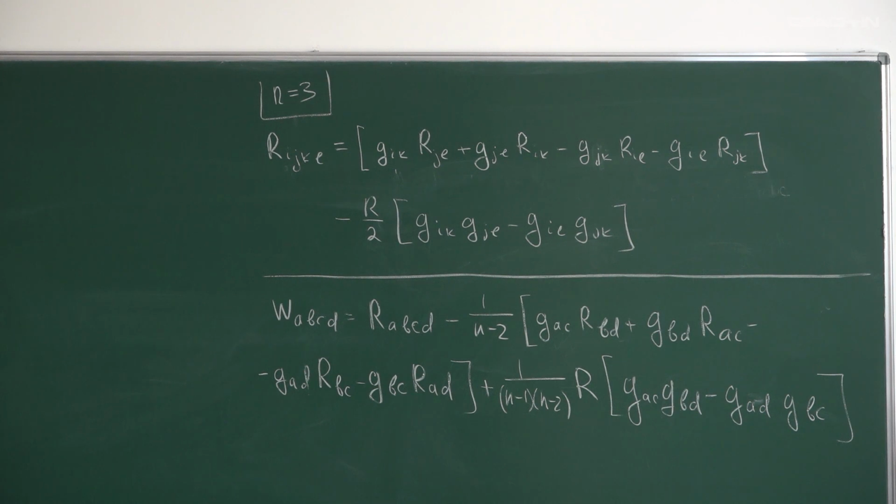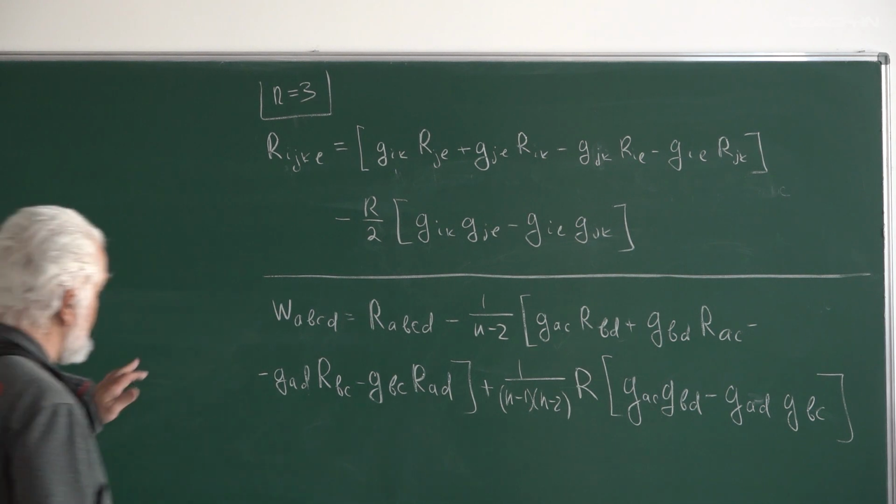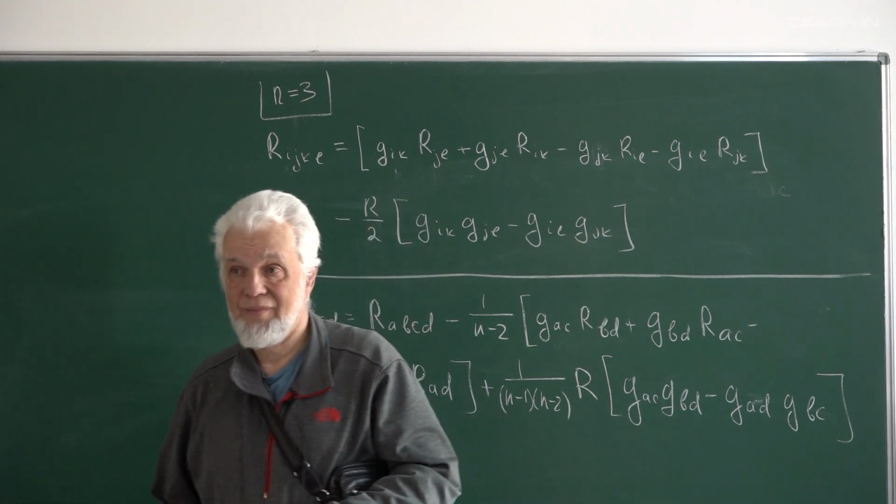Because the number of Ricci components for n greater than 3 is smaller than the number of independent components of the Riemann tensor. Therefore, such a reconstruction formula is impossible. You cannot introduce a similar reconstruction formula. But what is the main property of this tensor?